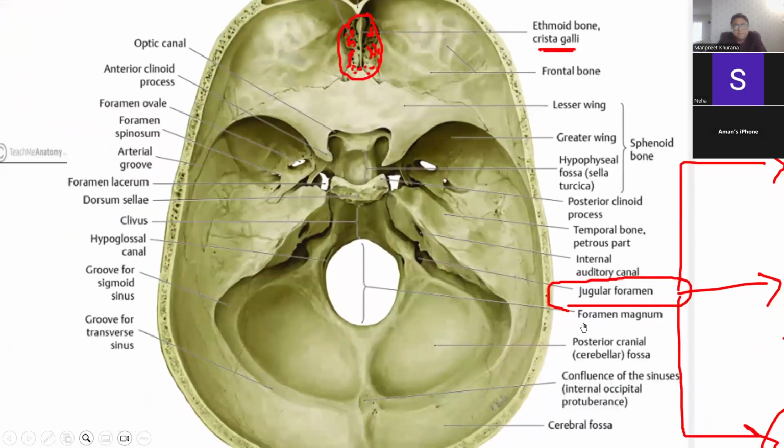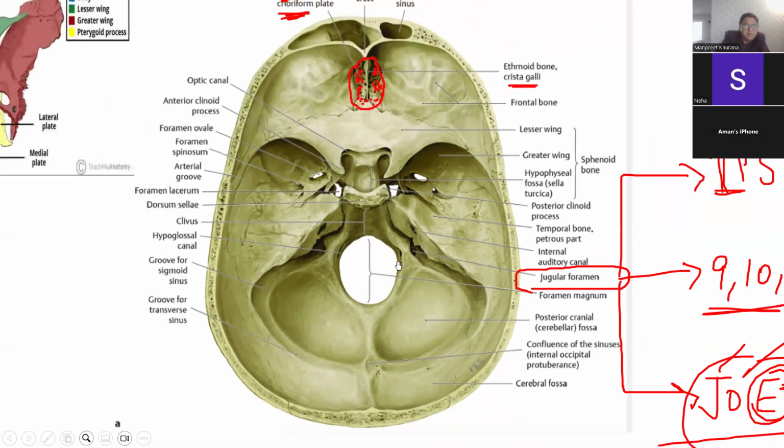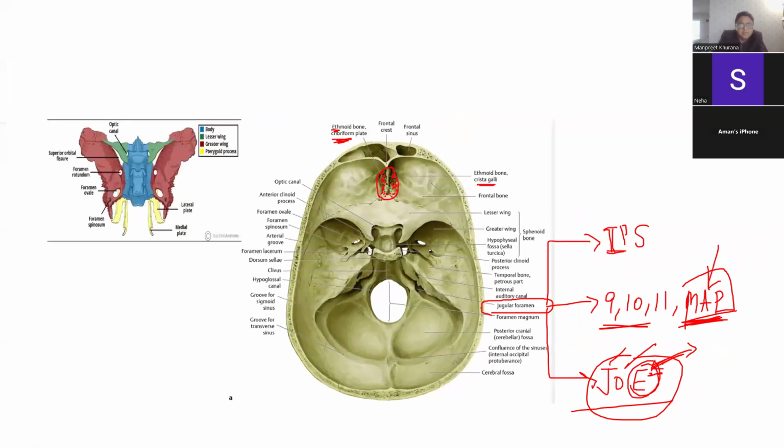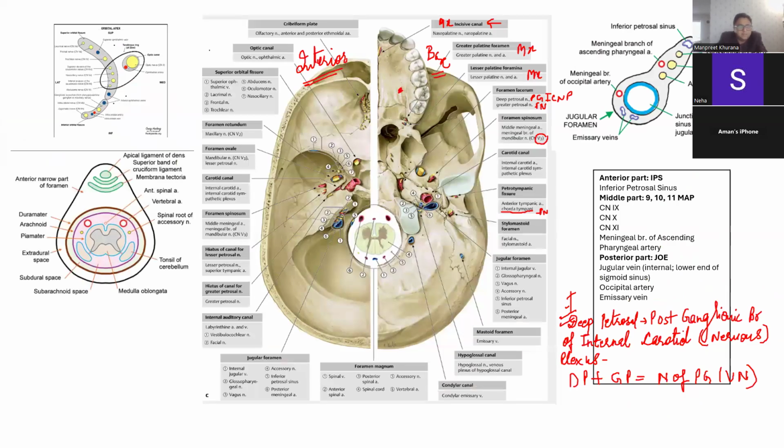Now, if you see this side, we have the hypoglossal canal. If you see the jugular foramen, just go more medially and down, that is inferiorly, and you will see the hypoglossal canal.